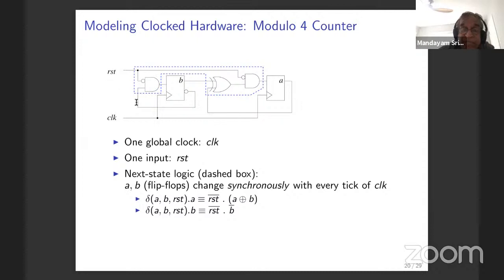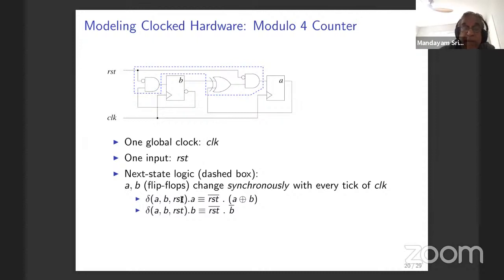Now the reset also can be modeled as part of the state. The state can now be viewed as having three components: A, B, which are the storage elements of this hardware, and reset, which is part of the environment, can also be a state.